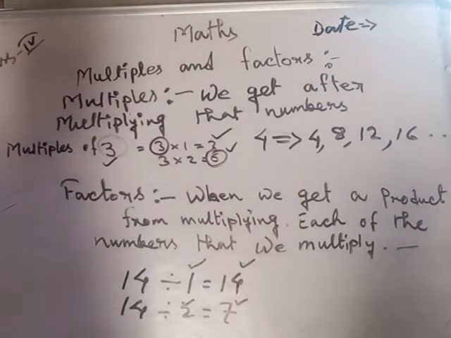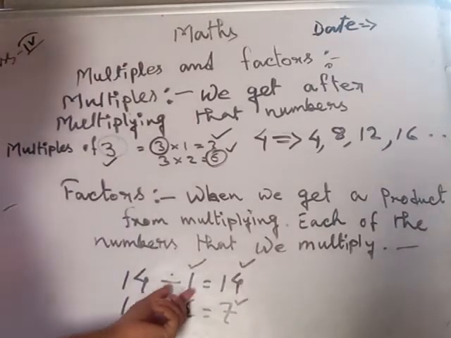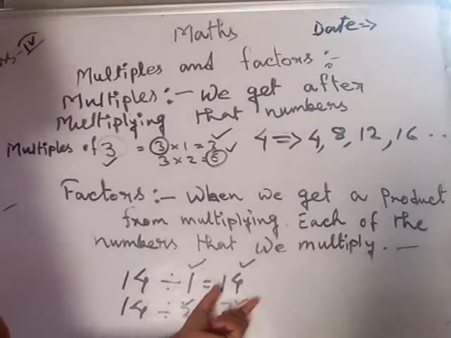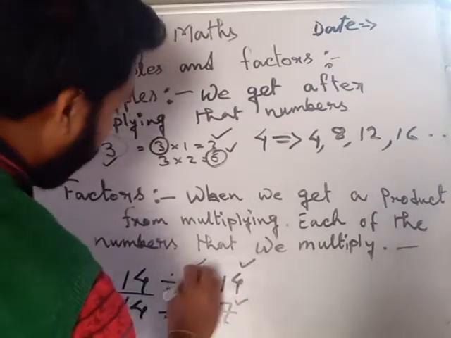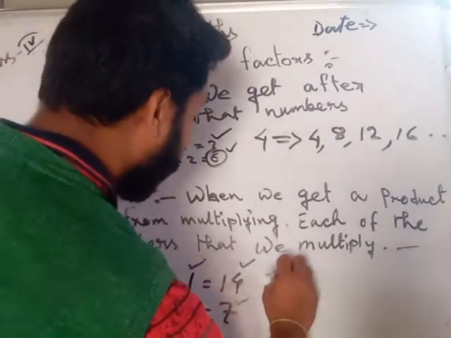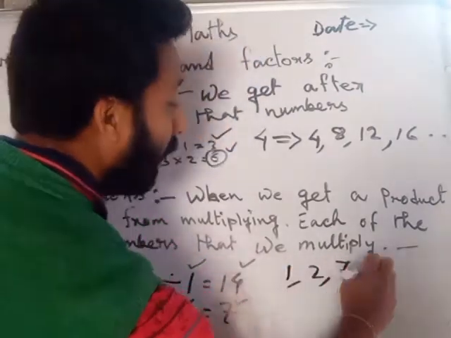Okay, 14 is completely divided by 1, 2, 7 and 14. That's why the factors of 14 are 1, 2, 7 and 14.